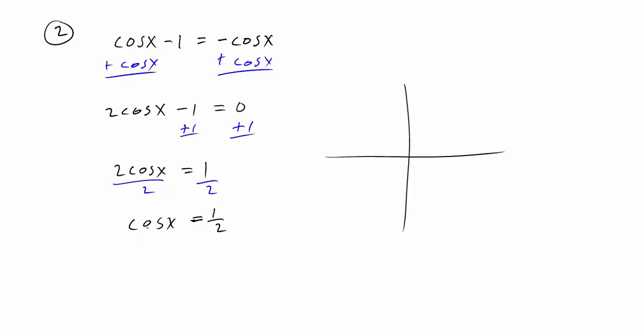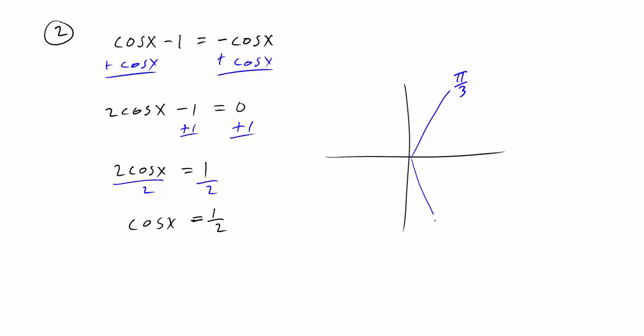Now that we're looking at cosine, we want to know, where is the x value a positive 1/2? Because we're looking at a positive 1/2 and it's an x coordinate, we know it's got to be in the first or fourth quadrant because positive x is to the right. And we'll notice if we go up here to pi over 3, we will have an x value of 1/2.